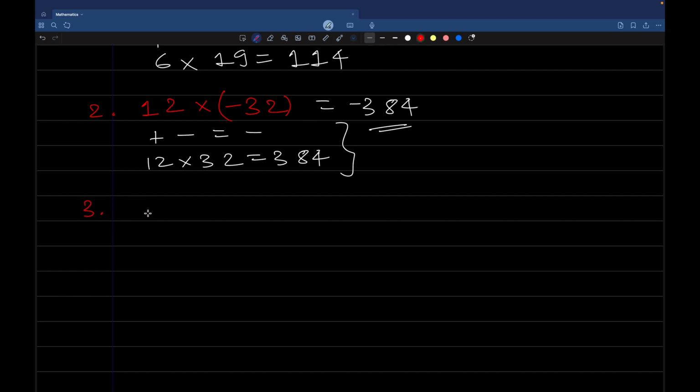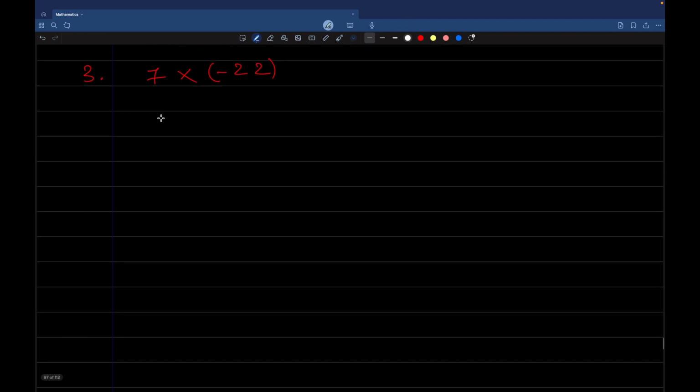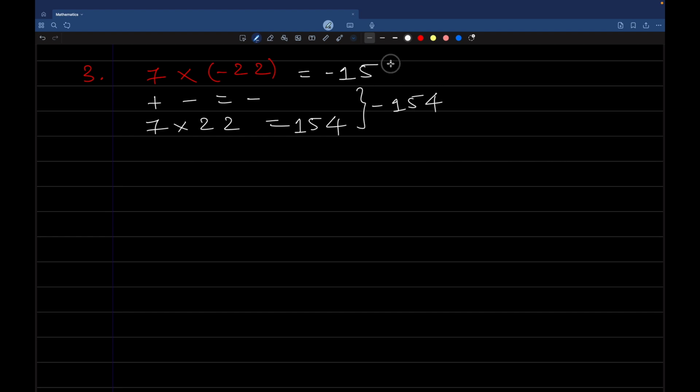Third, 7 into minus 22, we have plus into minus is minus, 7 into 22 is 154, so we have minus 154 as answer.